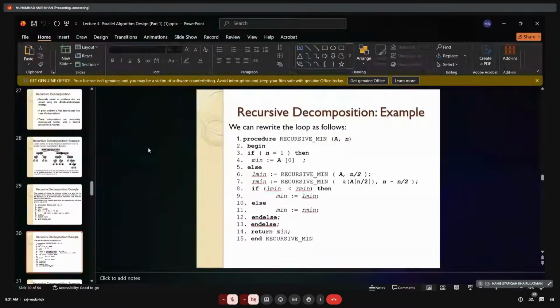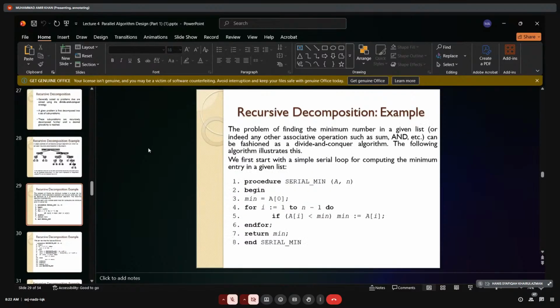We find from the left and right, left min and right min. And we have to see the formula for this. If left is less than right, then the minimum is equal to L min, and otherwise it will be on the right side. Less than the pivot value, definitely it will be left side, otherwise right side.